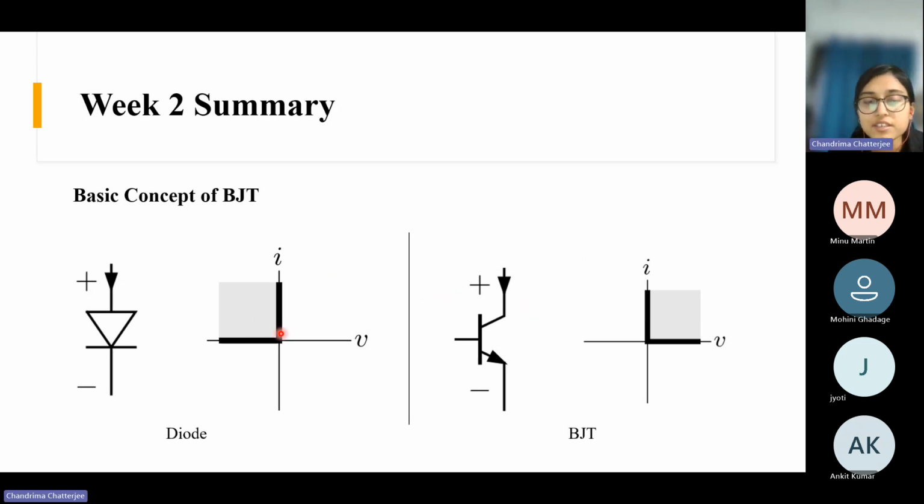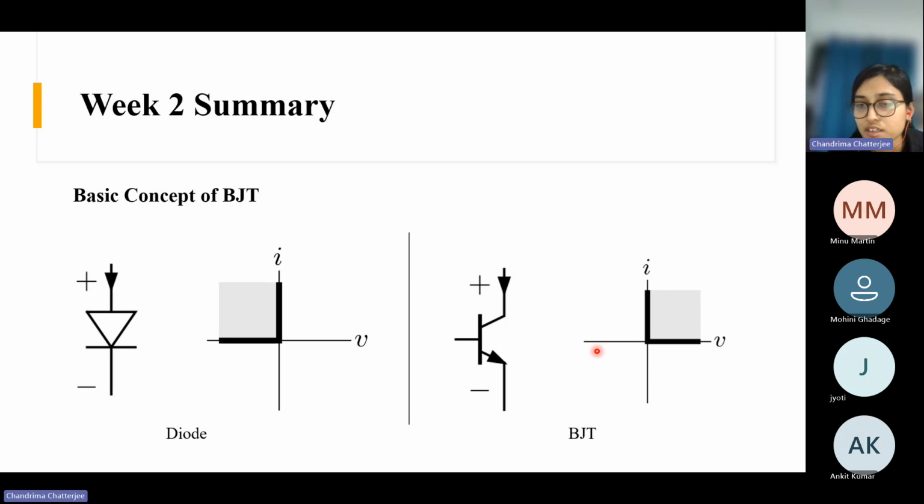The diode characteristics we all saw in the last tutorial session: an ideal diode can conduct current from anode to cathode, and it can block voltage in the reverse direction. Similarly, the BJT can conduct current in the positive direction, and it can block voltage only in the forward direction.